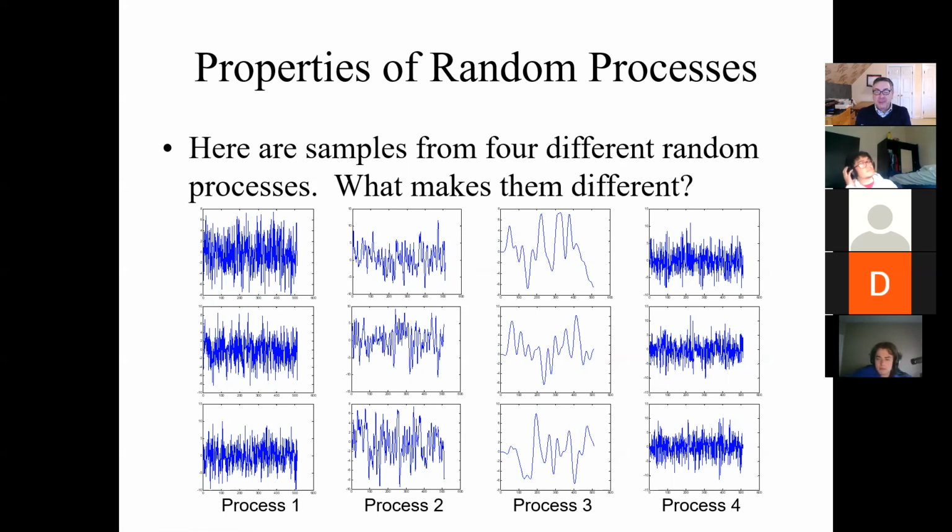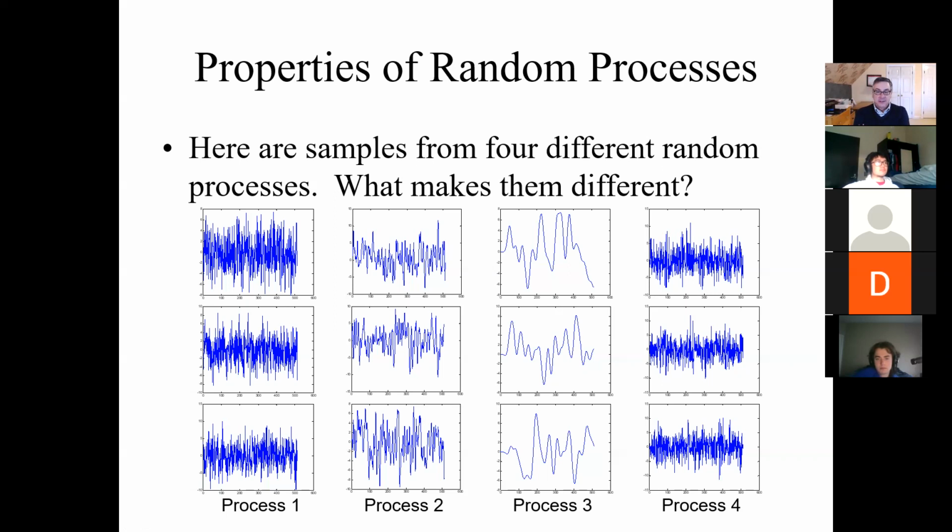How would you describe how they are different? Somebody? I would just say lower frequency, I guess. Sure. You can think of them in terms of the rate of change, which translates to frequency.